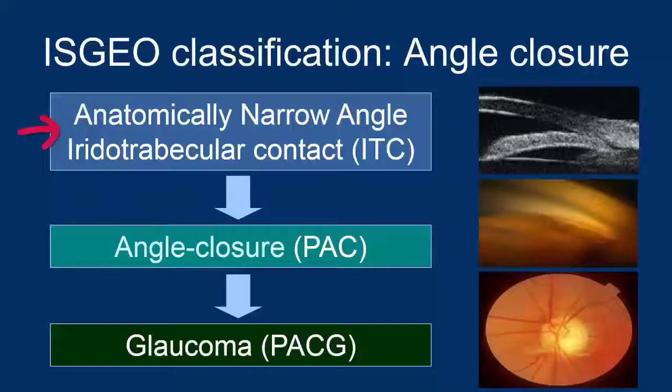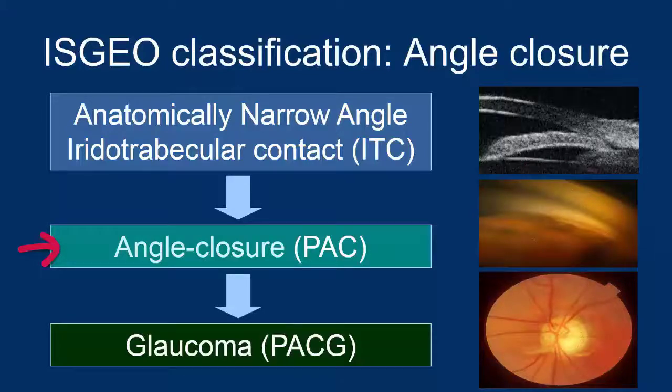And then the next stage is primary angle closure, which also shows apposition, but with another abnormality consistent with angle closure, such as elevated intraocular pressure, peripheral anterior synechiae, which you can see here, which are permanent adhesions between the iris and the angle wall, or signs or symptoms of a previous attack of acute angle closure.